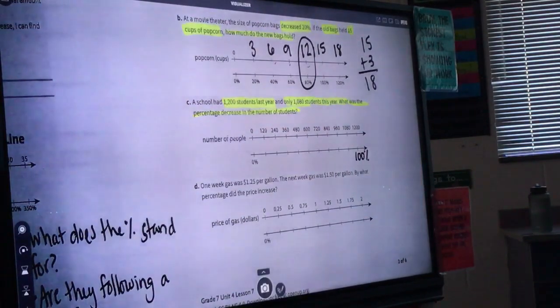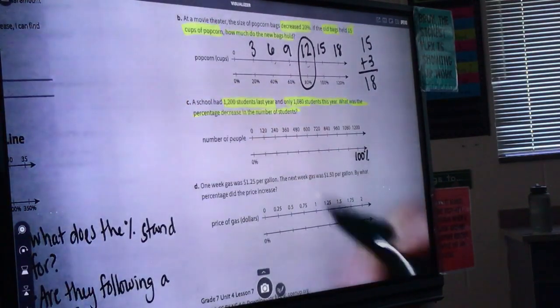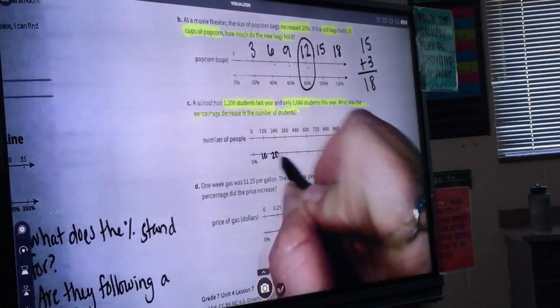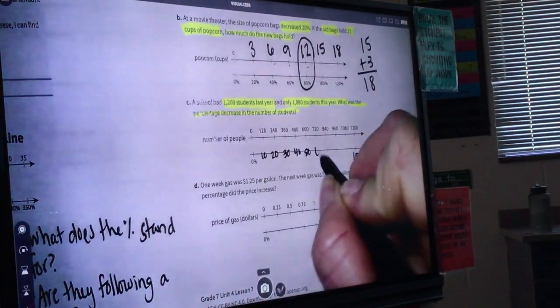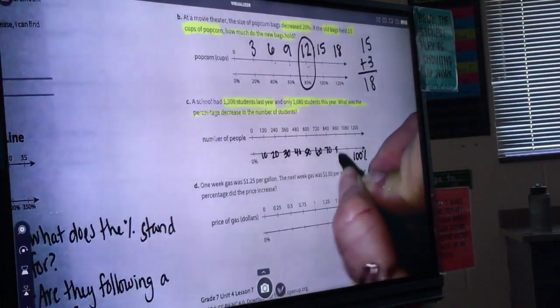How many tick marks do we have between 0 and 100, including, we have 10. So what can we infer that each one of these tick marks equals? 10. So this is 10, 20, 30, 40, 50, 60, 70, 80, 90.